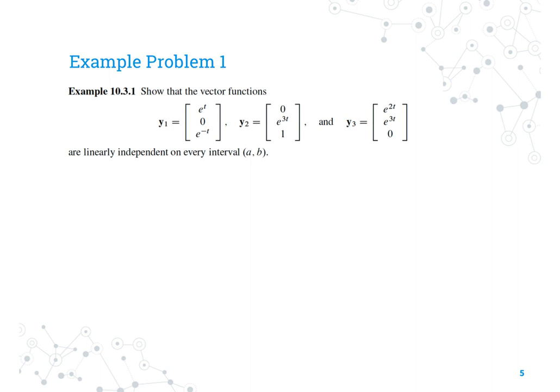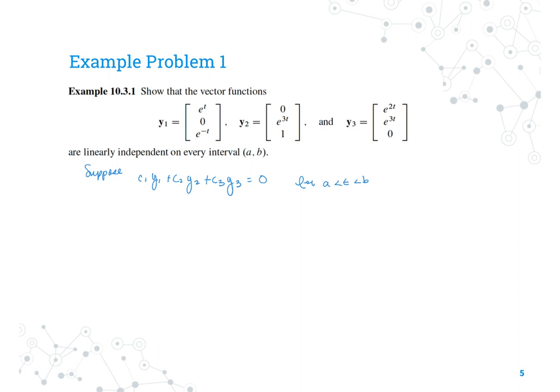So that means we need to suppose c1y1 + c2y2 + c3y3 = 0 on a < t < b, right? So we need to show that the only solution here is that c1 = c2 = c3 = 0.